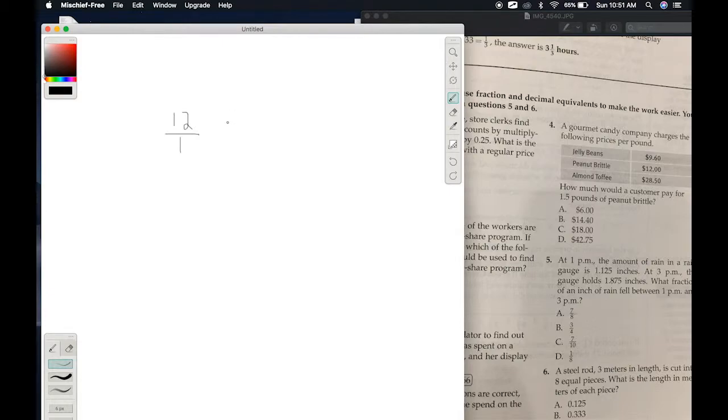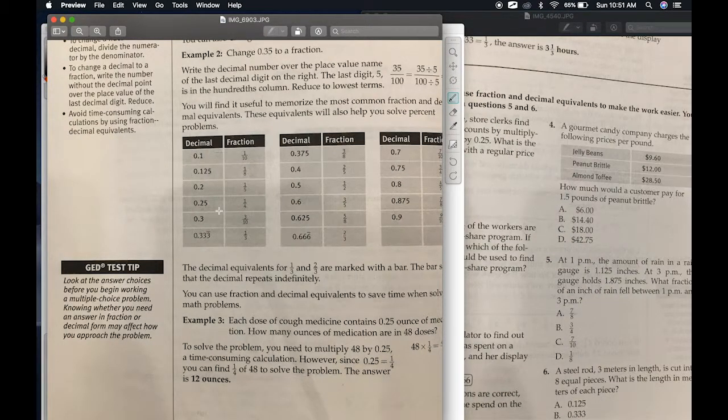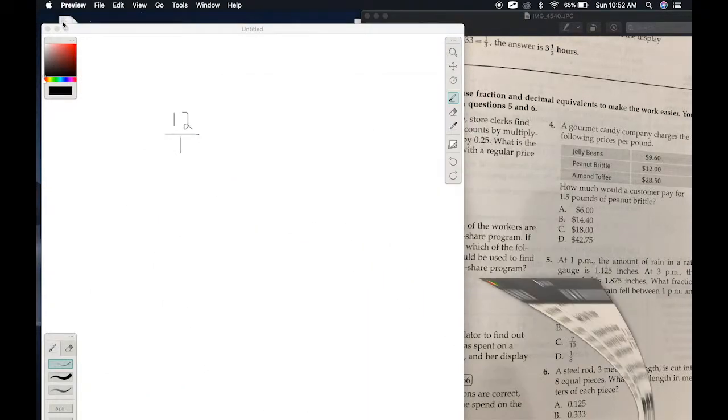And if you don't know that, 0.5 is always a half. See 0.5 right here is a half. Okay, again, know your chart.